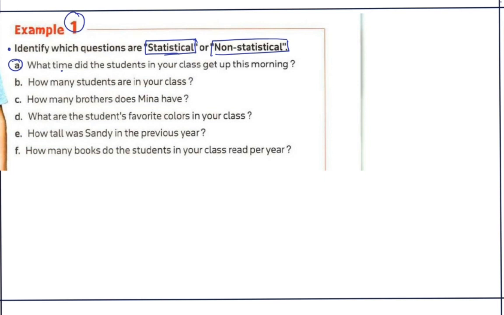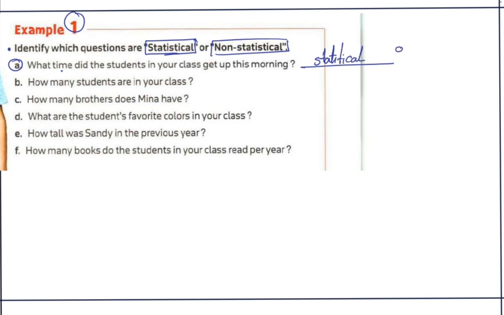Ask yourself one question: do the students get up at the same time in the morning? No, of course. That means you need to ask every student about the time he got up this morning. So the answer here will be statistical.